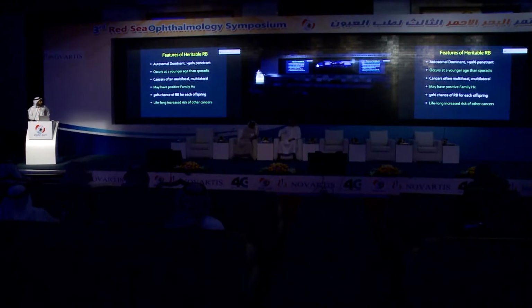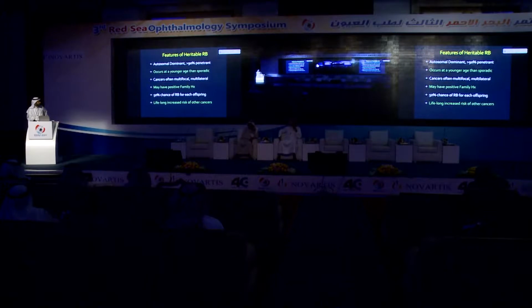So the hereditable type of retinoblastoma is autosomal dominant at the inheritance level, but at the gene level it's recessive, and it occurs at a younger age than the sporadic form. Most of the time it's multifocal or bilateral, and they may have family history in 10% of the cases.